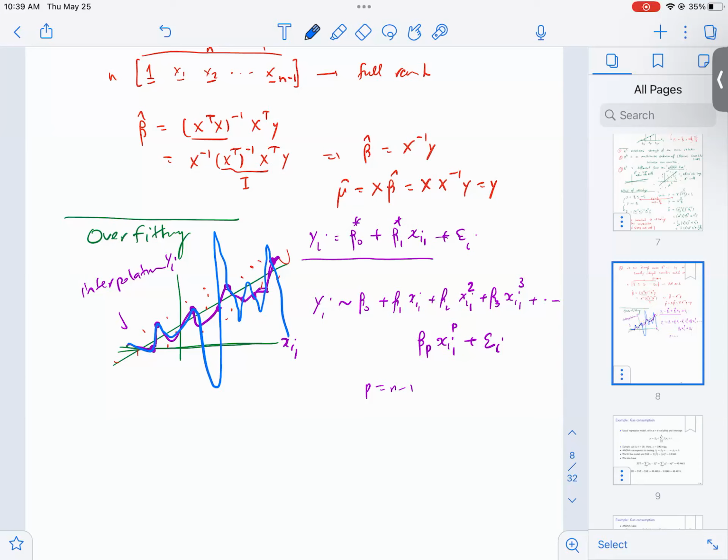From a statistical perspective, you're doing something which is more complicated than necessary. So ignoring this blue one, even the purple one, which is sort of close to the line, is more complicated than necessary. Traditionally, people prefer simple models. If you can explain everything by a simple model, it's much easier to interpret than if you have many terms, like how do I interpret the fifth power here, and the sixth power, and all these variations I have to take into account.